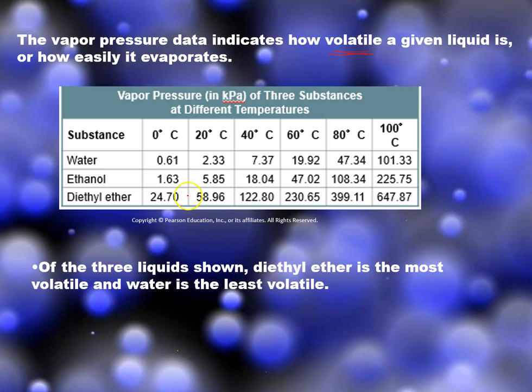So let's take a look at 0 degrees Celsius. At 0 degrees Celsius, the vapor pressure of diethyl ether is 24.7 kPa compared to water at 0 degrees Celsius, which is 0.61. So the higher that vapor pressure is, the more volatile, the more easily that substance is able to evaporate.